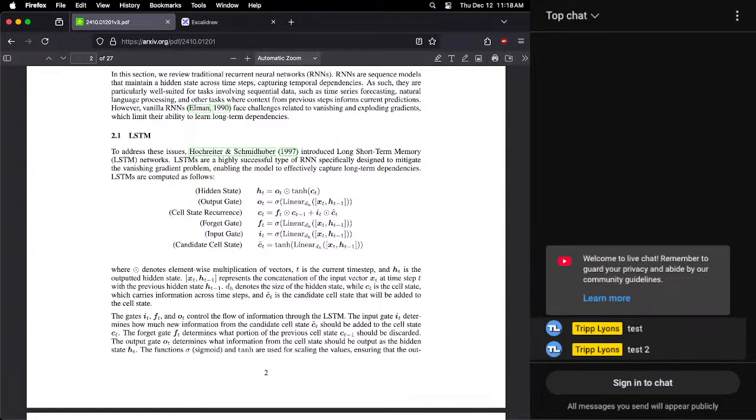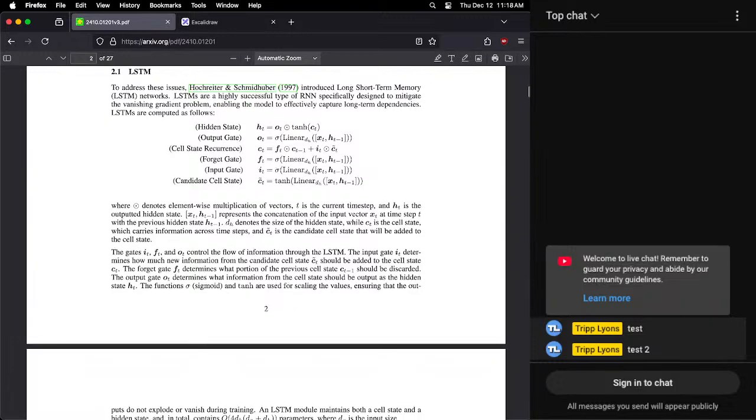This is the other weight for C. Let's see, it seems like everything is really dependent on the previous hidden state, which, again, makes it really hard to parallelize.